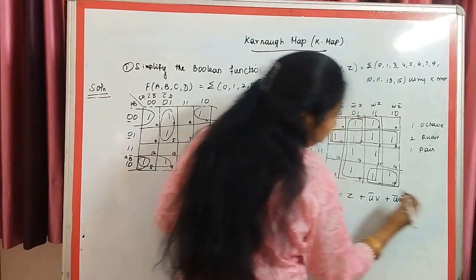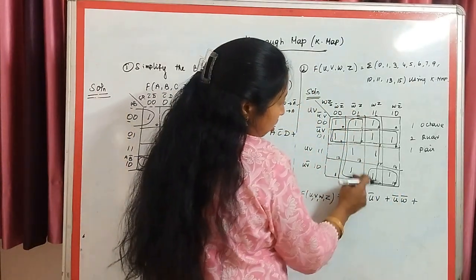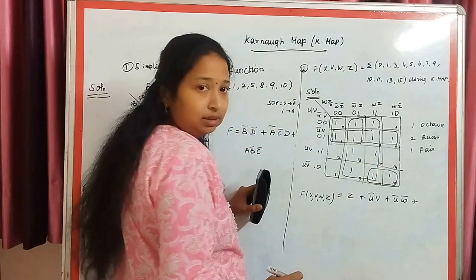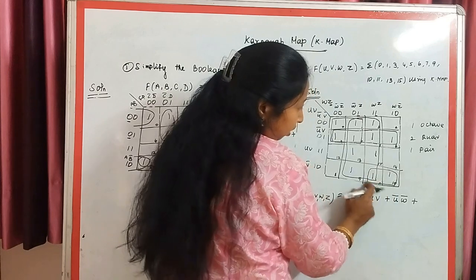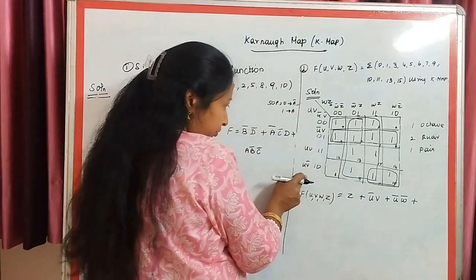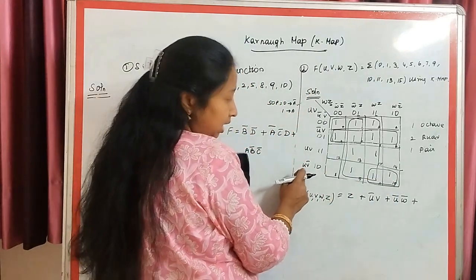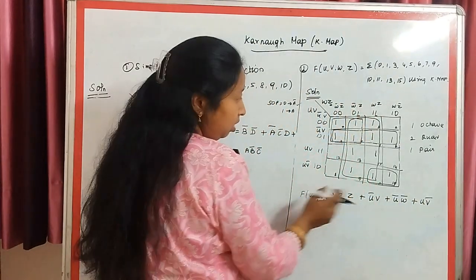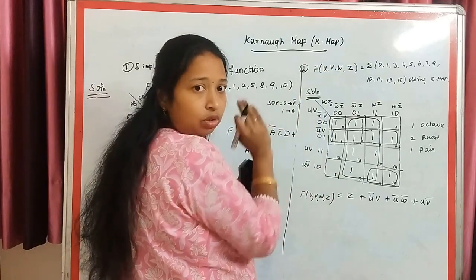Got it? Altogether, how many bubbles do we have here? The octave is one bubble, and there are two quads. Both the quads we have written here, and now a pair is left. We have to write the equation for a pair. For this particular pair, on the vertical, which is common? Only this element, right? So it is U V bar. Now, vertically we have written, we have to consider the horizontal portion as well.